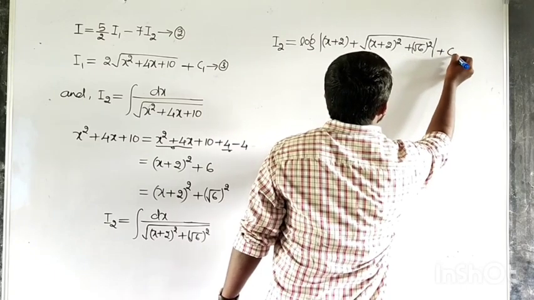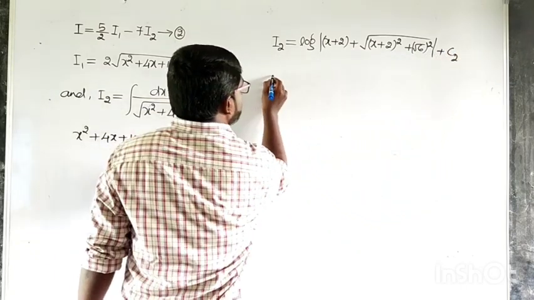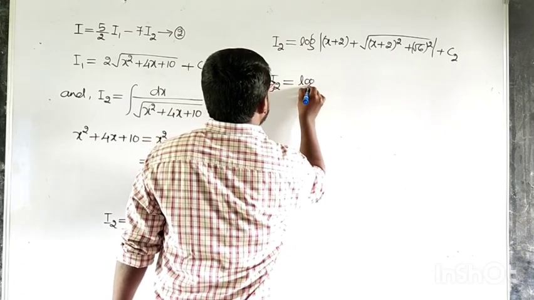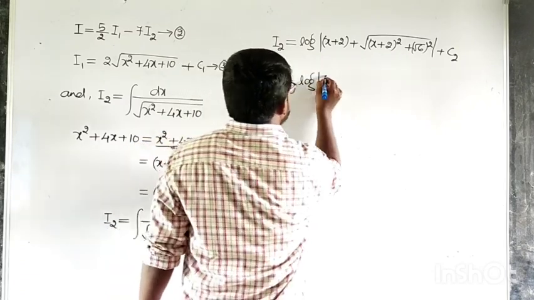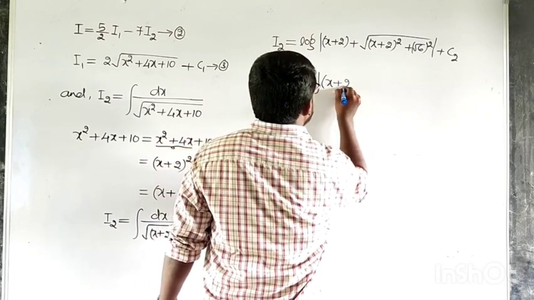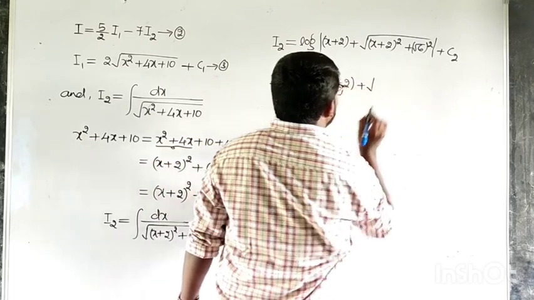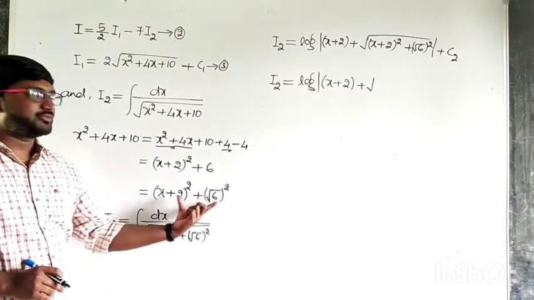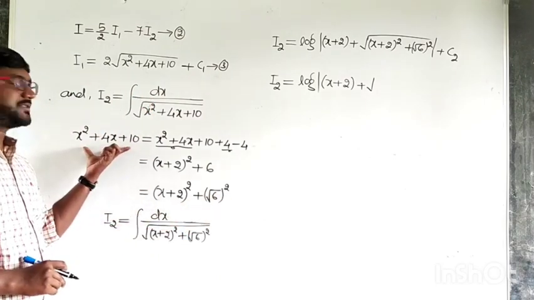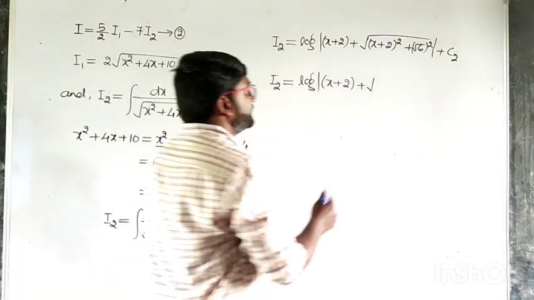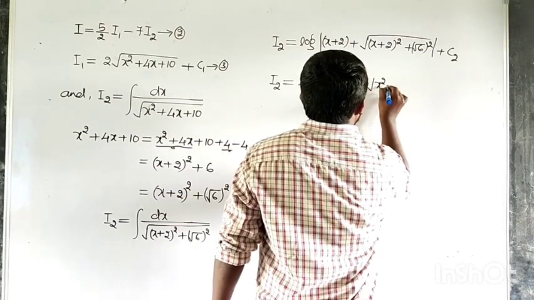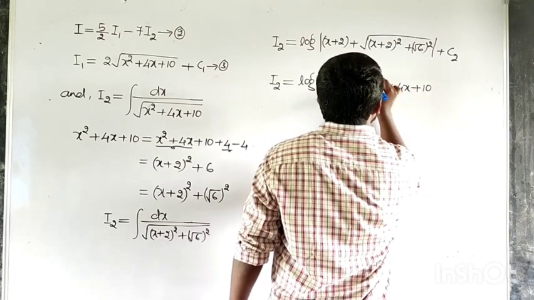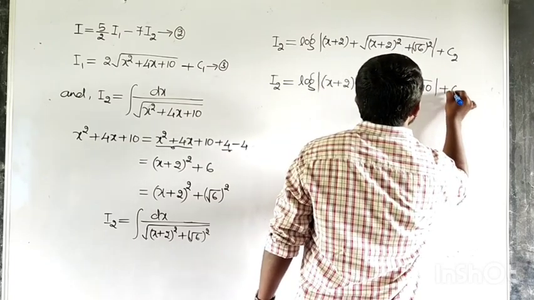plus c2. So now this can be written as I2 is equal to log mod x plus 2 plus square root of, see here, x plus 2 the whole square plus root 6 the whole square can be written as x square plus 4x plus 10, plus C2.